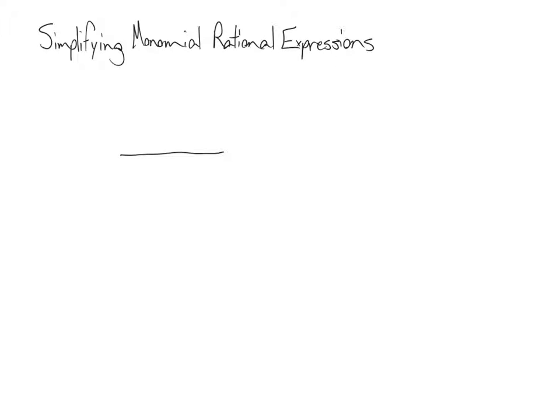As an example, let's say that we've got 3x squared y cubed, and that is to the third power, over 6x to the fourth y squared, which is squared. Okay? So notice on the top there's only one term. It's raised to a power, but there's only one term, so that's a monomial, and same thing on the bottom.